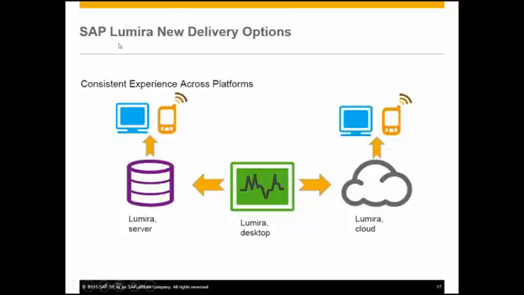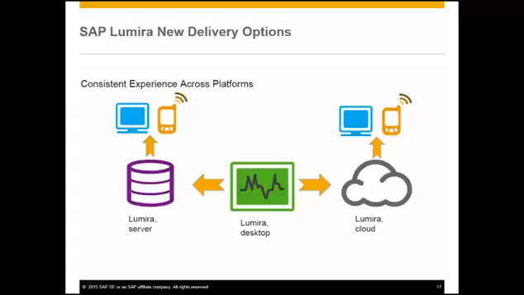SAP Lumira actually has different delivery options. One you just saw is called Lumira Cloud, so everything is created and also accessed in the cloud. You don't need anything else, just a web browser to do the development as well as to access the application later on.